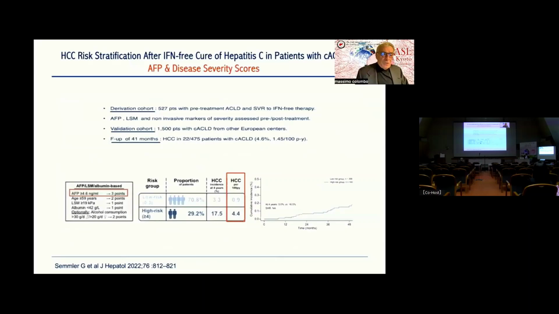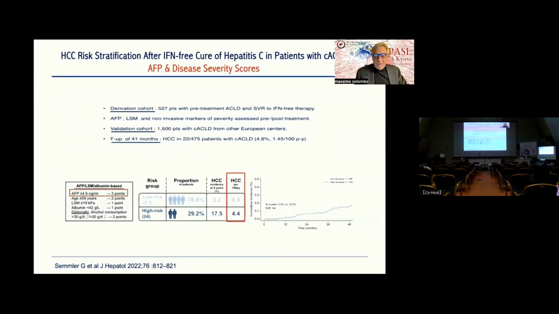Better performance was achieved with the algorithm developed by Professor Semmler in Vienna. This is a multi-center study in various regions of Europe, focusing on patients with compensated advanced chronic liver disease due to hepatitis C that also achieved an SVR.